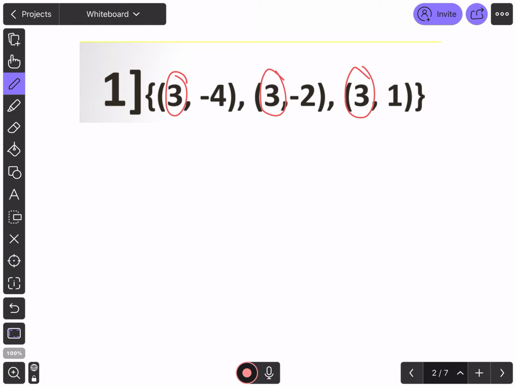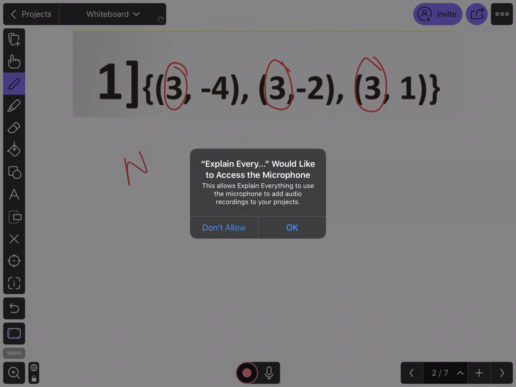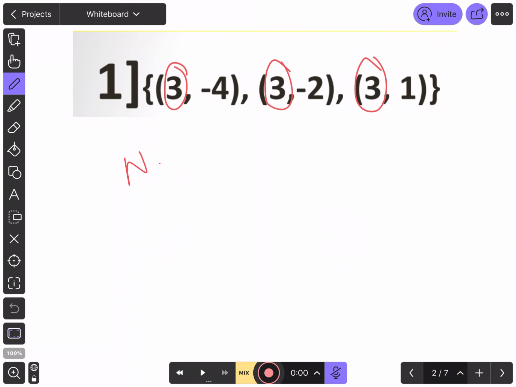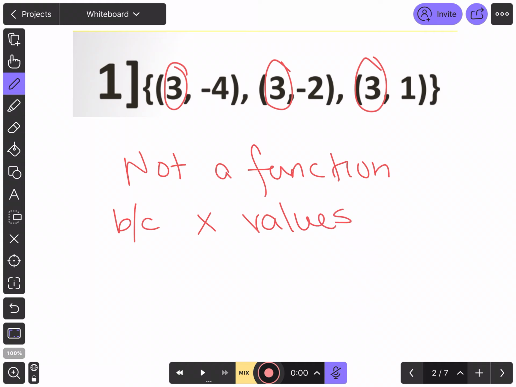Therefore, this is not a function. Because x values repeat. It's the same thing as saying this number 3 has multiple birthdays.